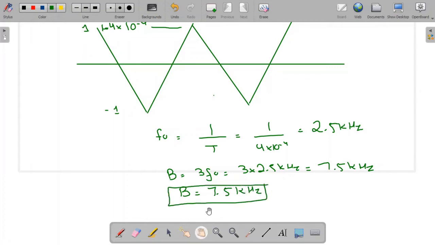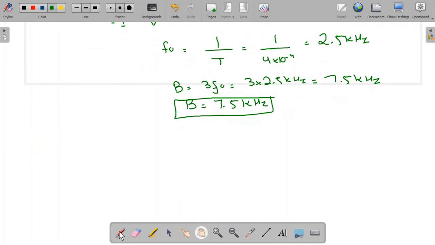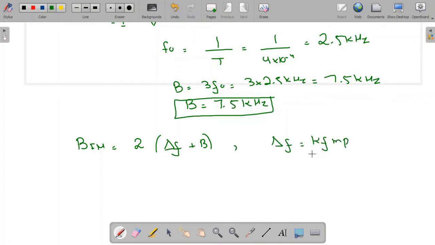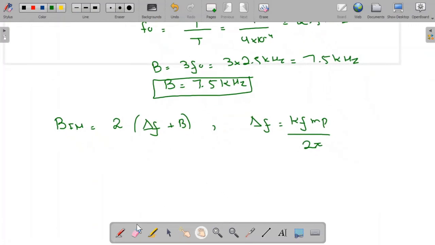Now we need to calculate the FM bandwidth and the PM bandwidth, because that's what we did in the previous example. So the FM bandwidth again is equal to 2 into delta F plus B, where delta F is equal to Kf Mp divided by 2 pi, where Mp is the maximum amplitude of the message signal.